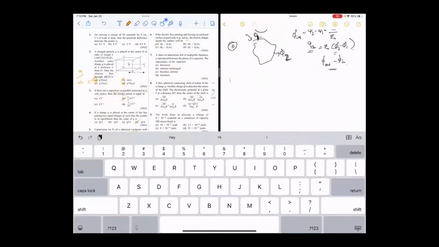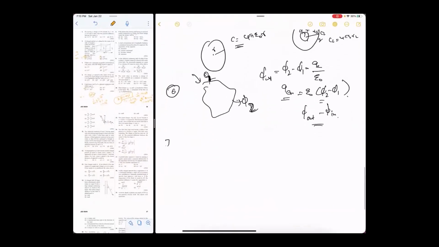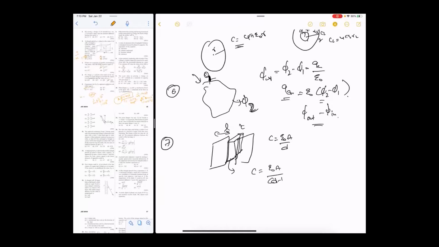So basically, when we have a capacitor with distance D, the capacitance is epsilon A by D. If we have a metal block of thickness T, the capacitance becomes epsilon A by D minus T. If it is a block of dielectric constant K, C equivalent will be as follows.